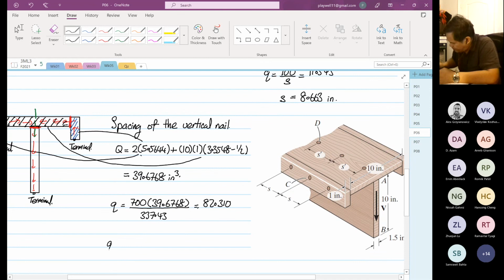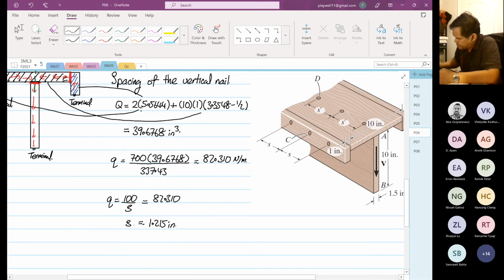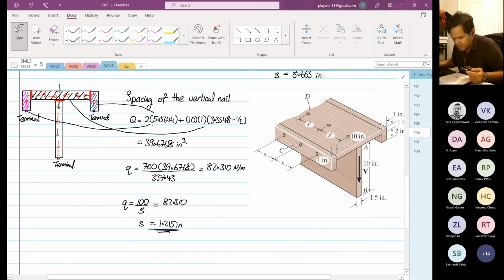As q is equal to 100 divided by S, S is 100 divided by 82.310, which is equal to 1.215 inches. So this is the spacing of the nail.